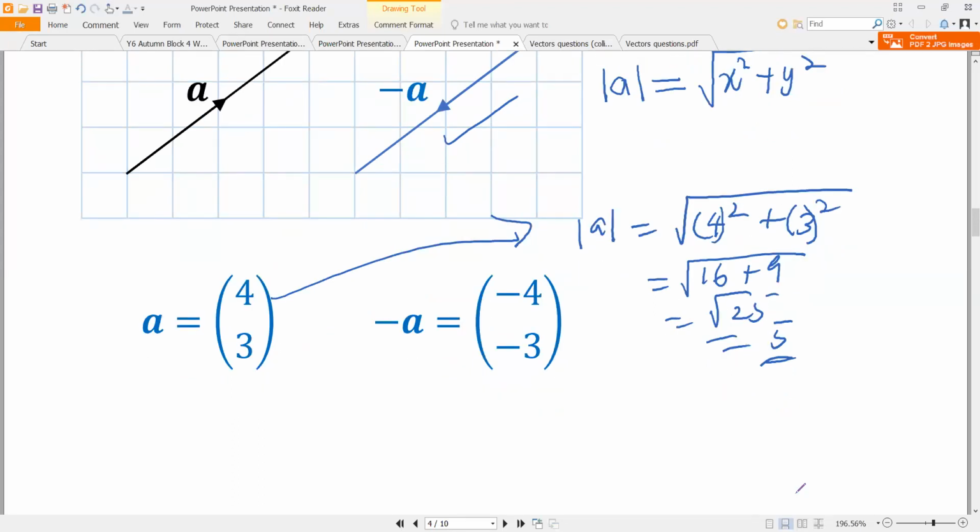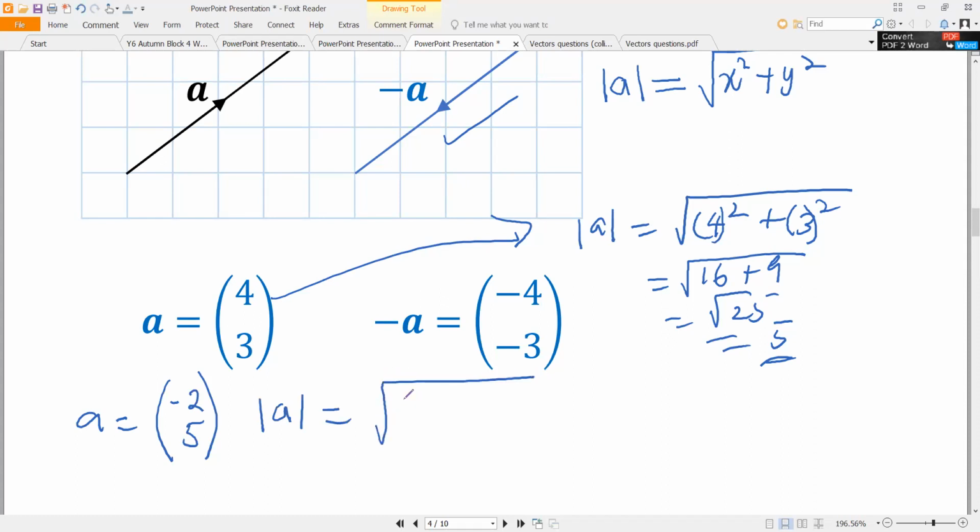Also remember, sometimes it is possible that a vector might have a negative number. So let's say I have the vector A is (-2, 5). If I have to find the magnitude of A, what will happen? This will be the square root of, this is why I said you should always put the number in parentheses, the x is -2 squared plus the y, 5 squared.